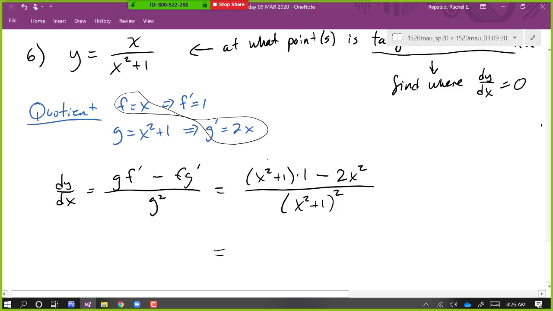If we combine like terms, x squared plus 1 minus 2x squared is 1 minus x squared. There's our dy/dx.